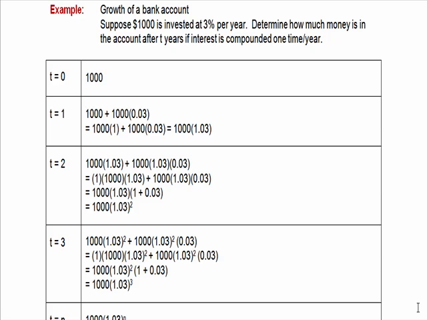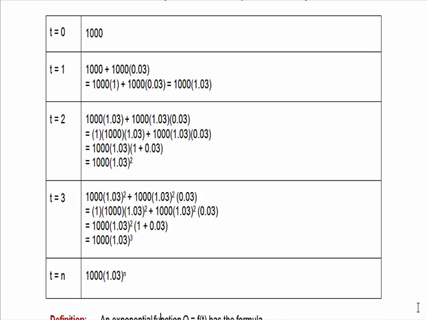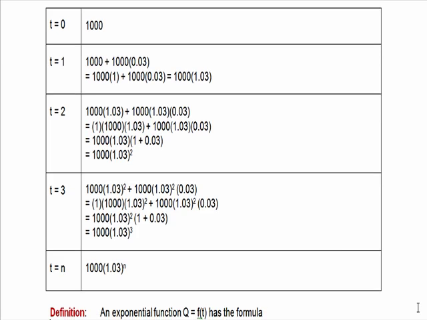I want to notice a pattern that's going to come about, that's going to give rise to the formula that we plan to use. So at the end of year 2, we would have the year 1 money, which was the 1,000 multiplied by 1.03, and now we need to add on new interest. So that would be the previous year's 1,000 times 1.03, multiplied by 0.03.